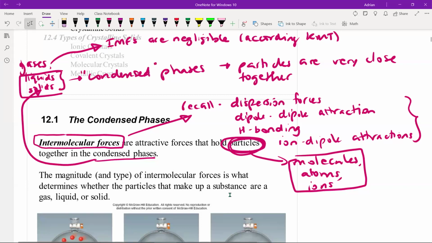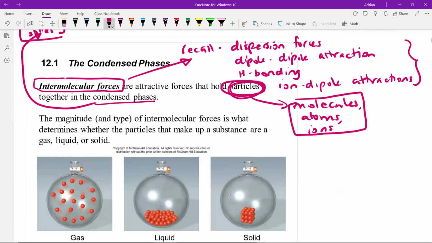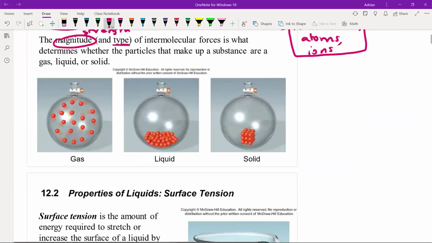So the strength of the intermolecular force, or the magnitude, that just means the strength, together with the type, they kind of go hand in hand because different intermolecular forces have different strengths. They will determine whether the particles that make up a substance are going to be in the gas, liquid, or solid phase. So in a gas, the particles are spread out, a lot of empty space between them.